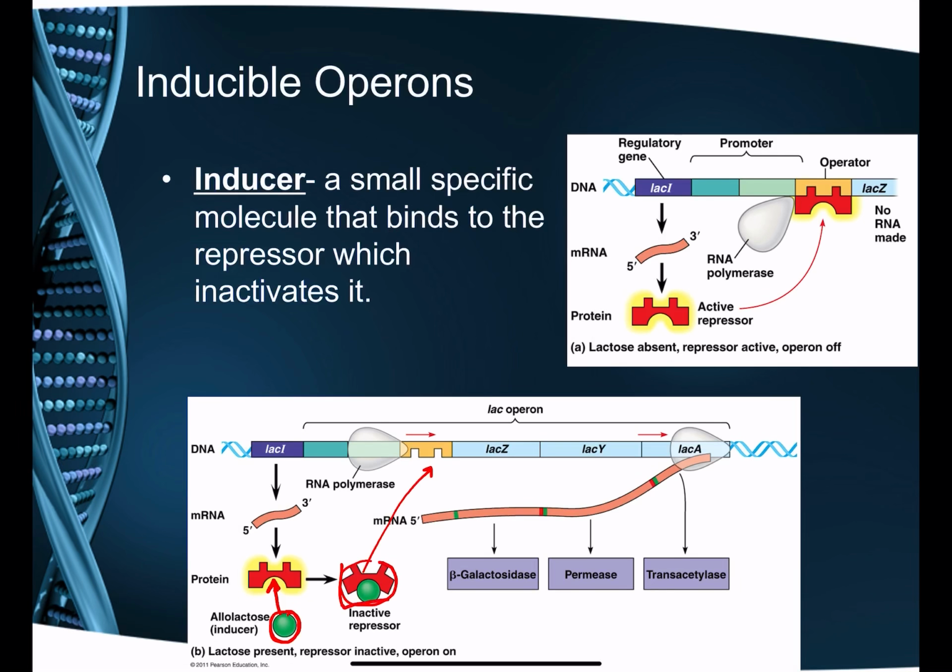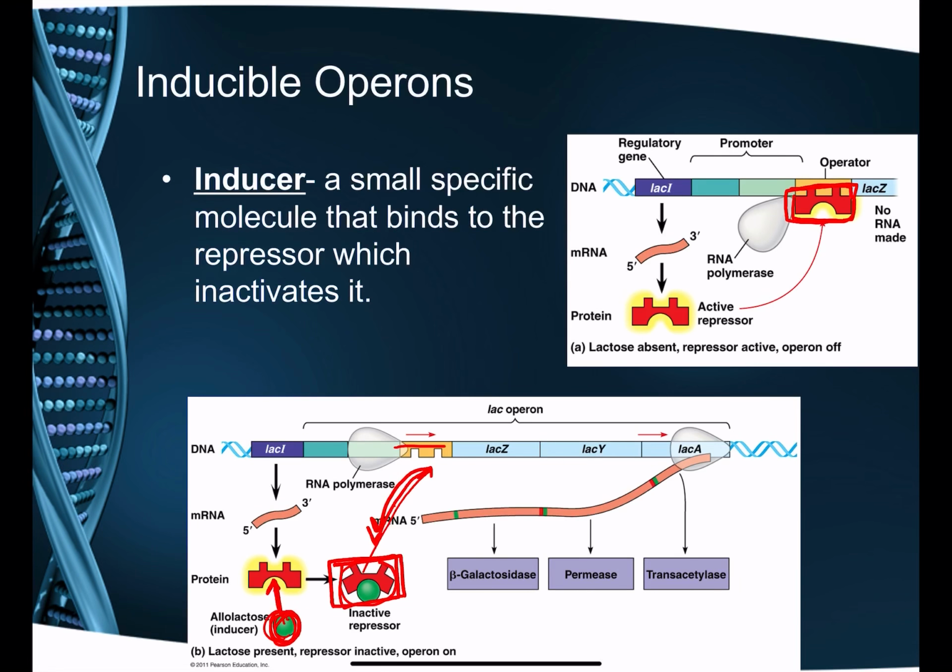So here again is our repressor molecule. It looks the same as in the other one. The inducer is going to bind to that repressor molecule and inactivate it. And so now it is not going to fit in that active site, in the operator. When the repressor is active, it fits in the operator. Once the inducer binds, it inactivates the repressor, and it causes it to fall out of the operator.